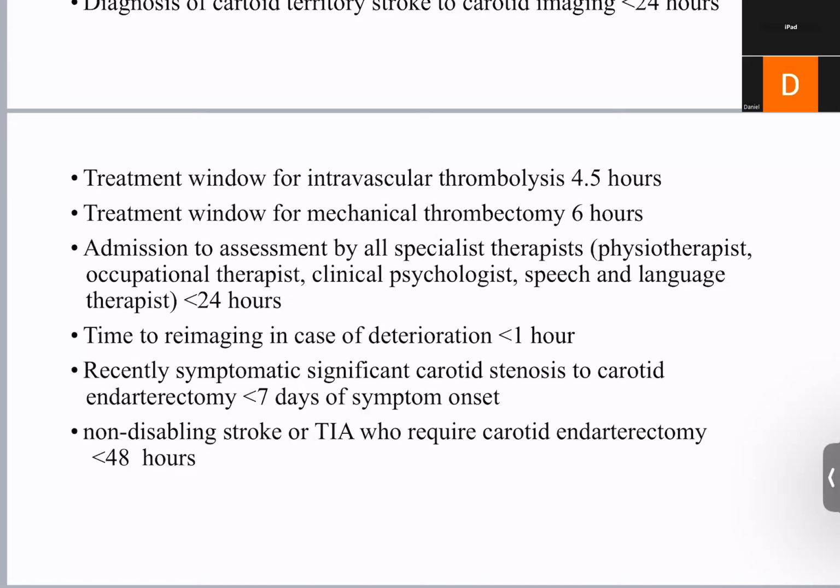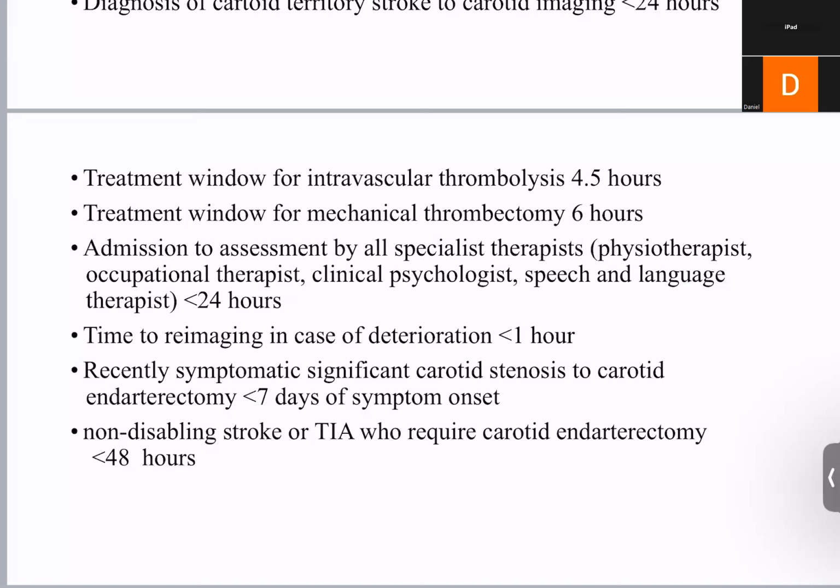From admission to assessment by all specialist therapists, like physiotherapist, occupational therapist, clinical psychologist, and speech and language therapist, should ideally be within 24 hours of admission. In case the patient is deteriorating, the time to re-imaging should be less than 1 hour.